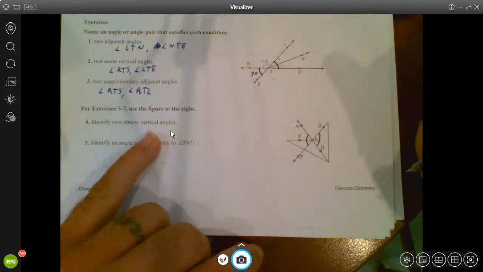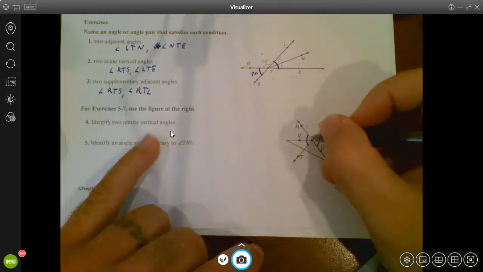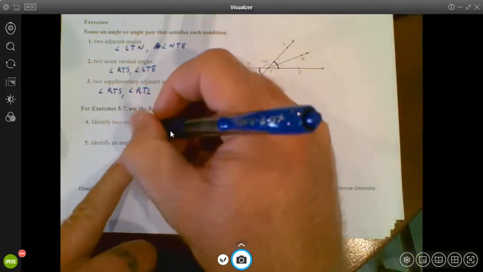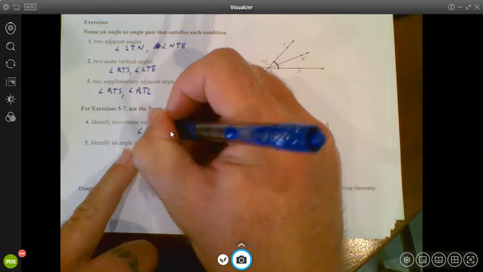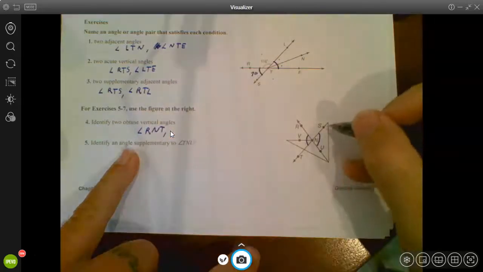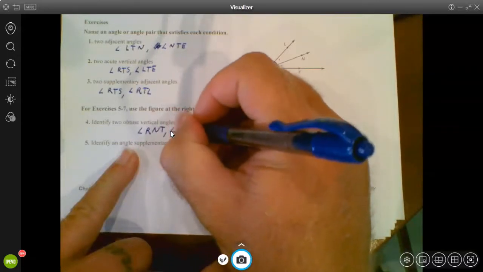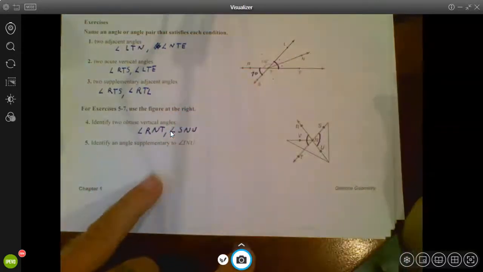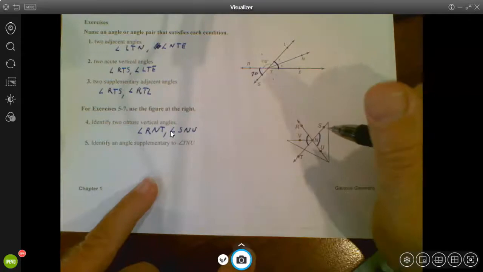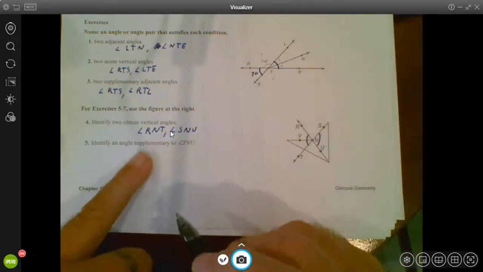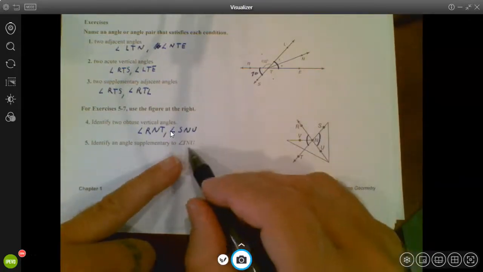That's what makes them vertical. So let's call it angles RNT and angle SNU. That would work. And there are others. That's just one example.